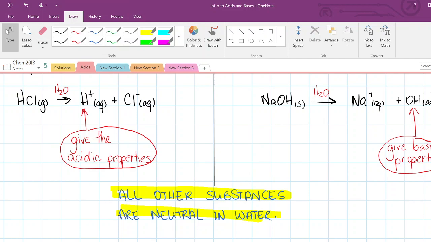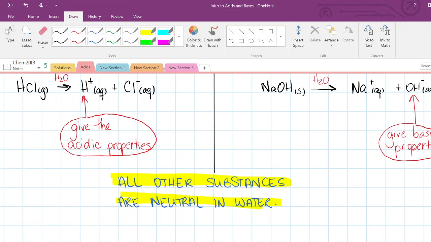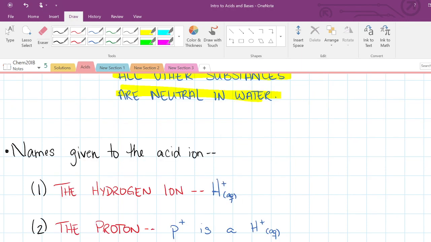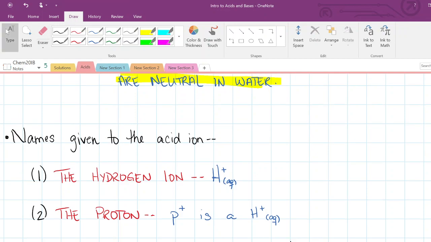Okay, and something else that I want to define for you guys is when we talk about this hydrogen ion, this acid ion, we've referred to it as the hydrogen ion, H plus aqueous.